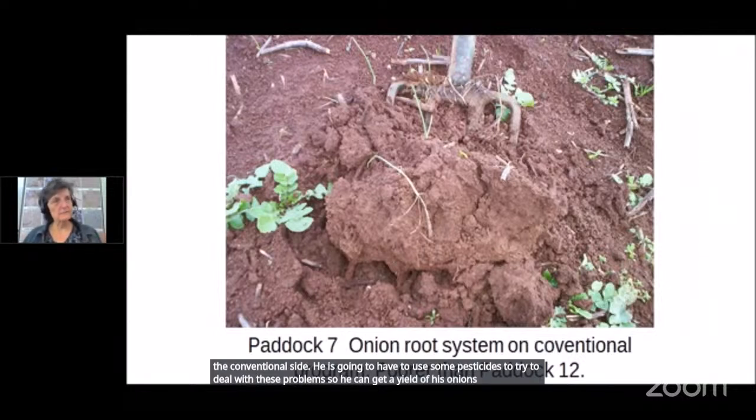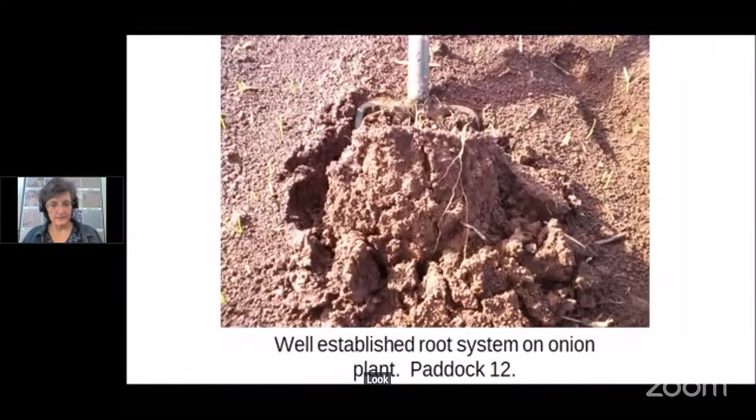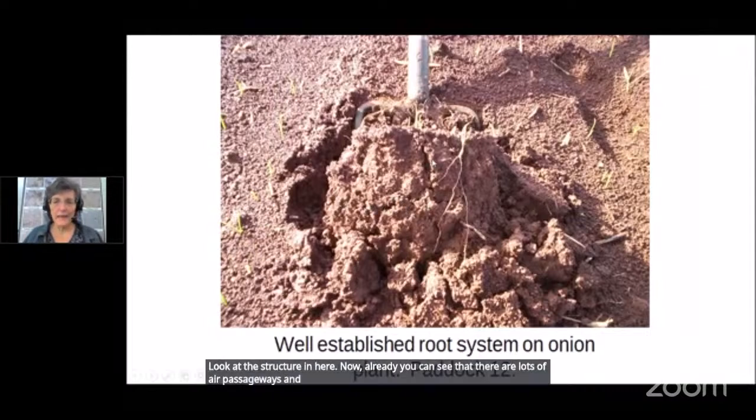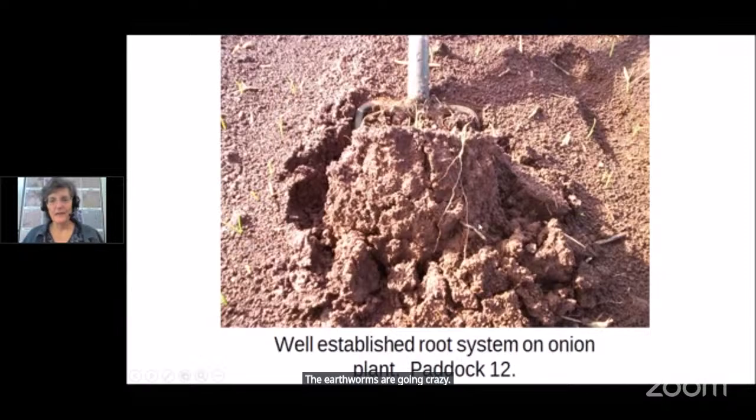Look at the biological field. Look at the structure in here. Already you can see that there are lots of air passageways and hallways. There are so many aggregates that have already been built. The earthworms are going crazy. And look at the root systems. We had to go further back away so we could get all of that above ground part of the plant.